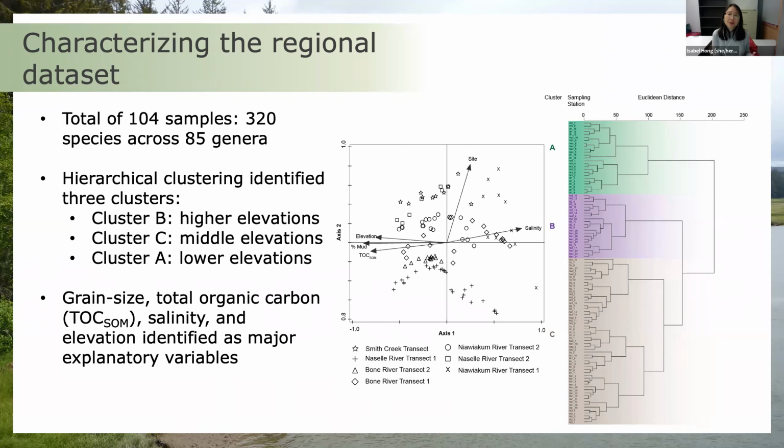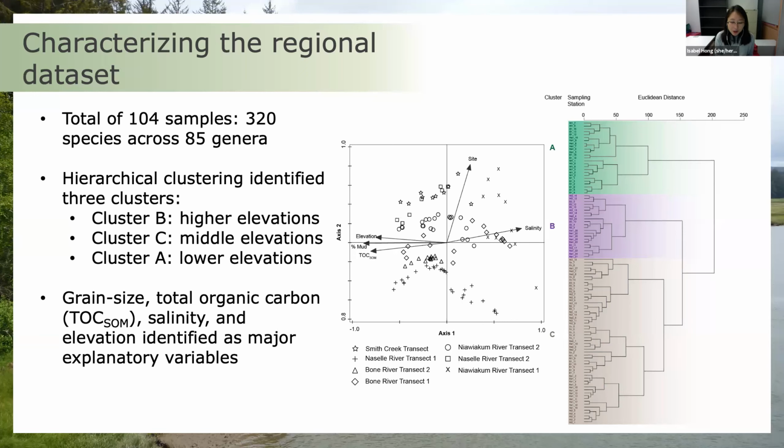But as I noted in the previous slide, because we tended to find this co-varying relationship between elevation and these environmental variables, where we saw an increase in finer grained sediments as we increased in elevation, and similarly an increase in organic content with elevation, and conversely a decrease in salinity as we increased in elevation, we find that the vectors all tended to pull in parallel with each other along axis 1, because elevation seems to display this co-varying relationship with all of the other environmental variables.